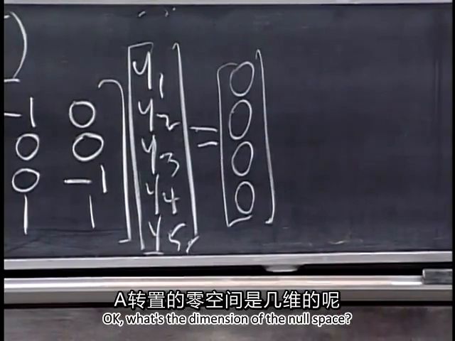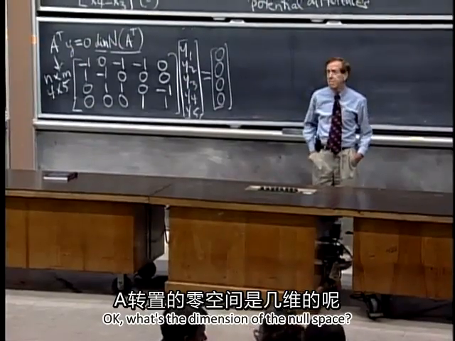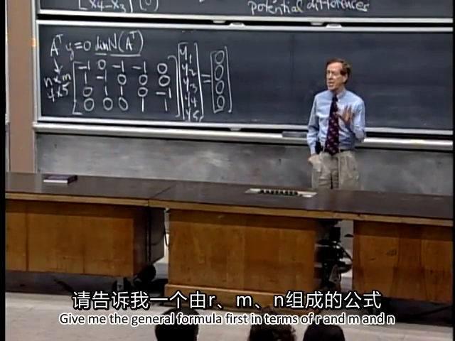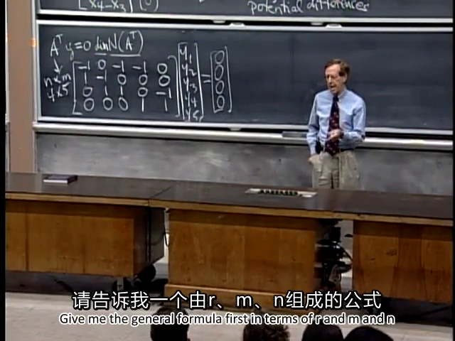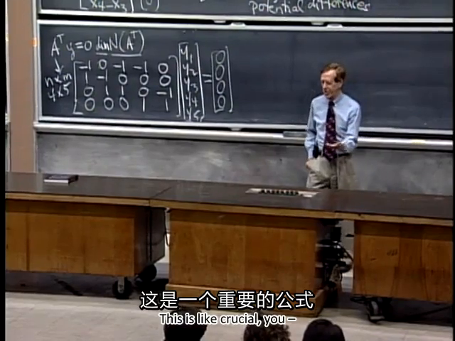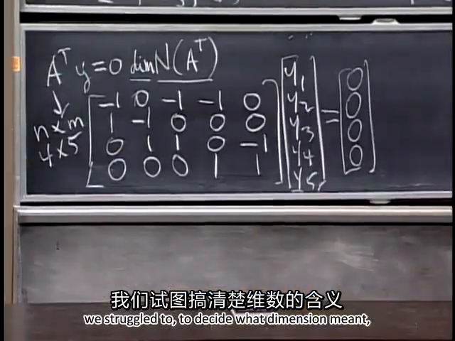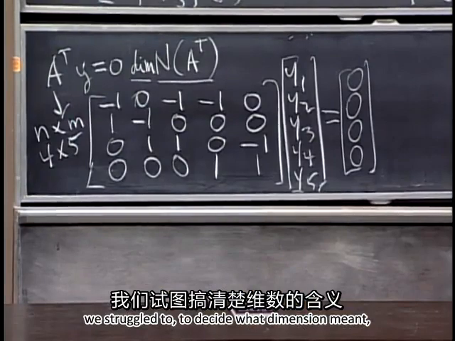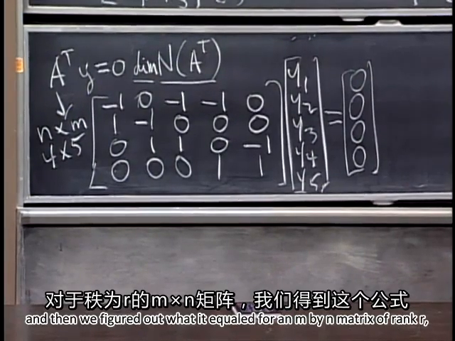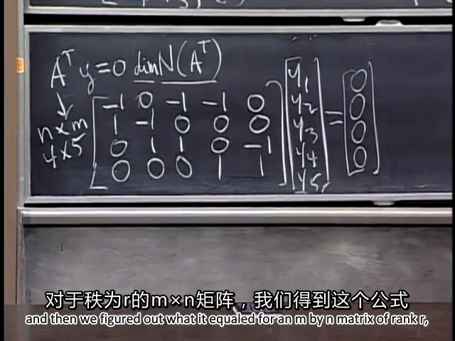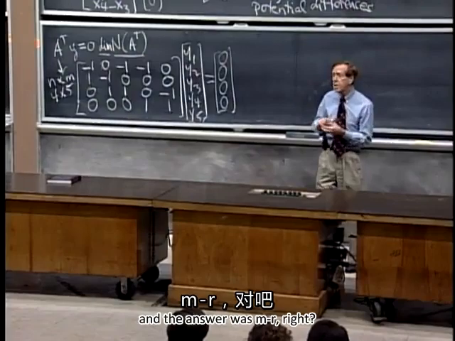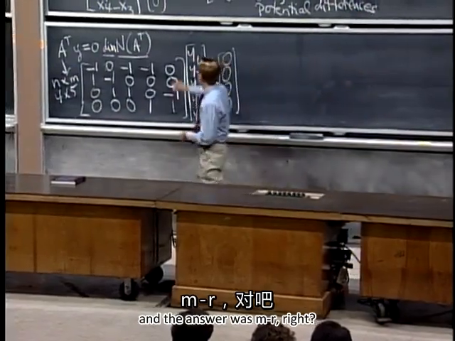Okay, what's the dimension of the null space? Give me the general formula first in terms of R, M and N. This is crucial. We struggled to decide what dimension meant, and then we figured out what it equaled for an M by N matrix of rank R, and the answer was M minus R, right?